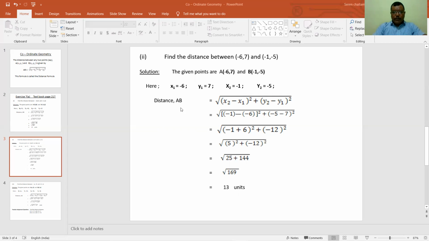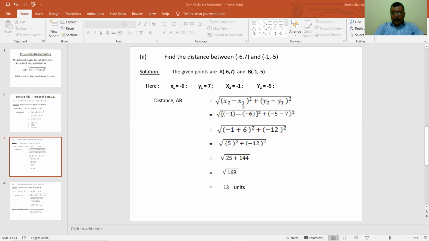So the distance between A and B will be, by using the distance formula, square root of (x2 minus x1) whole square plus (y2 minus y1) whole square is equal to square root of. Now we substitute the value of x2 here. Since x2 is minus 1, so we write here minus 1, and we're using a bracket because it is a negative sign.